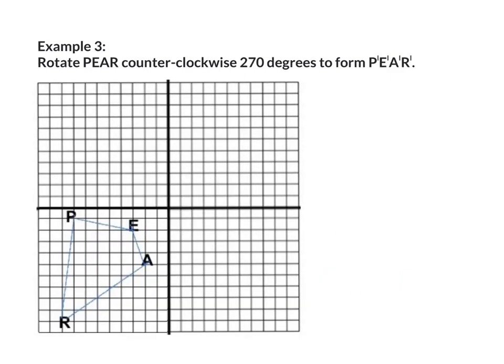Example number 3. Rotate pair counterclockwise 270 degrees to form P', E', A', R'. So remember, since we're moving counterclockwise, we're going to be moving in the opposite direction of a clock. So we're going to be moving to the left. Since I'm moving 270 degrees, that means I'm going to be rotating my image 3 times to the left. So I'm going to take my image, rotate it.